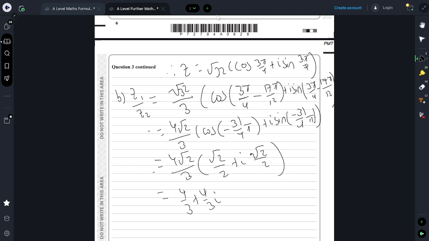Wait, I'm calculating in radians. Why has it not got the right answer? Okay, so that's all right. So the mark scheme, that's interesting. I get different answers to the mark scheme.